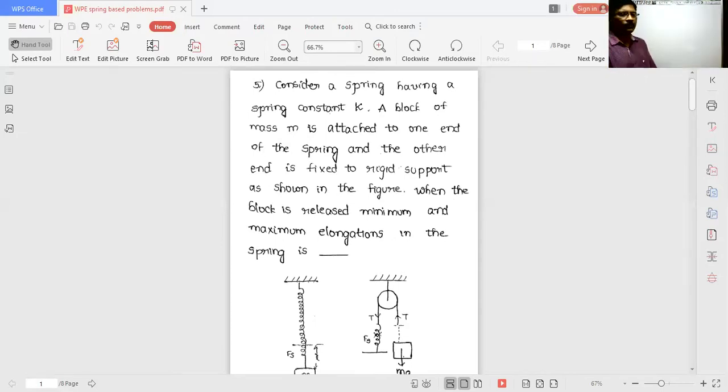Okay, all of you see. Note 1. All of you read that note point.